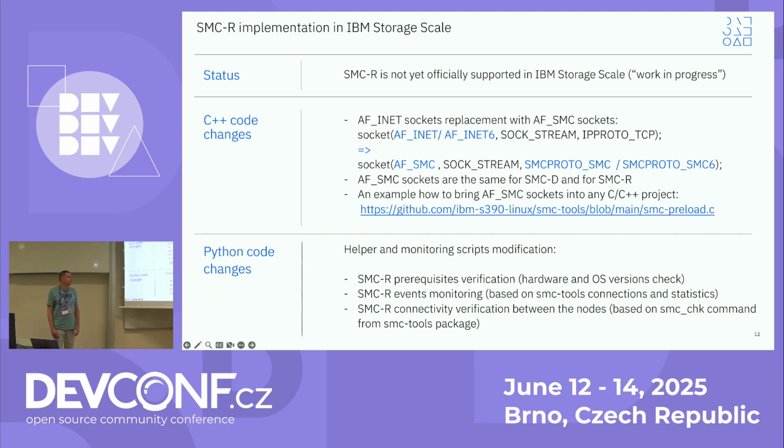In C++ code, we are changing socket calls, replacing AF_INET with AF_SMC. And in Python code, we use different smc-tools package commands to verify the SMC-R requirements and to monitor SMC-R events and SMC-R connections in the cluster.